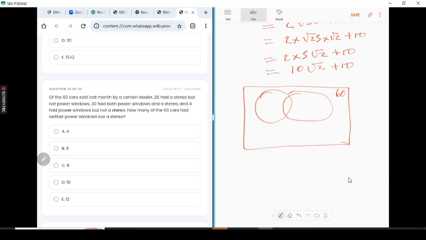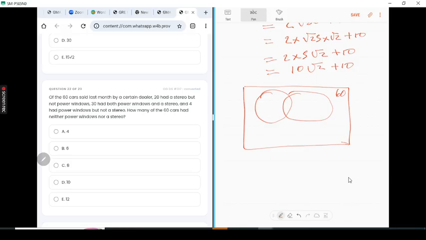So normally, we are going to subtract everything from 60. If you add everything, it is going to give you 60 back.